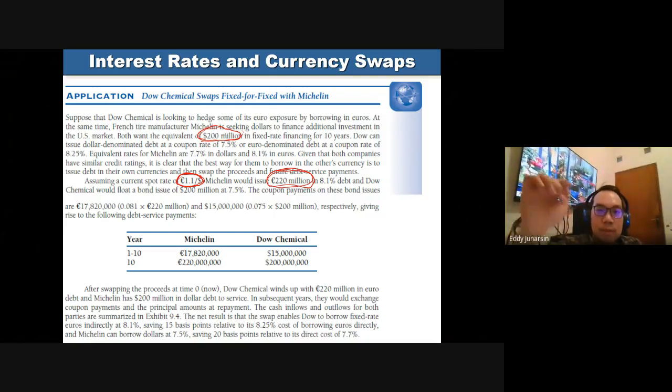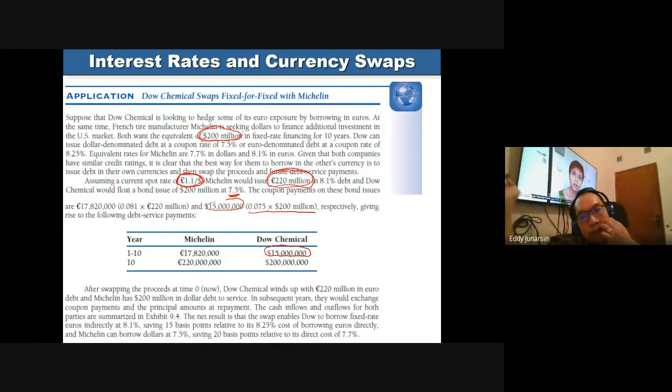Right? And then Dow Chemical will borrow at home, right, in the United States and pay 7.5. So 7.5% of 200 million is this one, right? 15 million. Okay, Dow Chemical has to pay interest of $15 million every year for the next 10 years. And of course, the principal is 200 million, right?